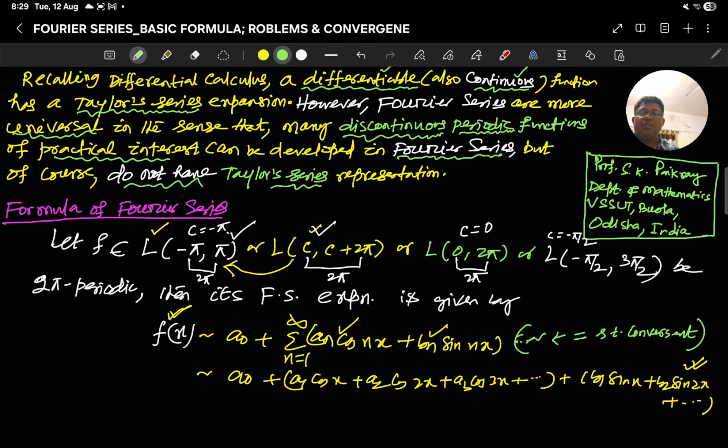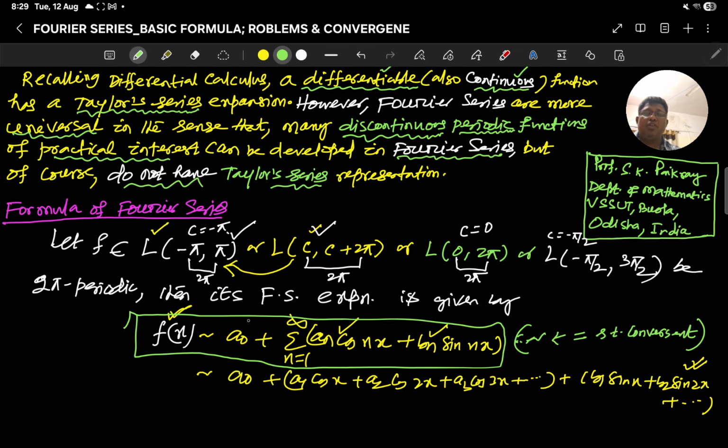So this is the Fourier series expansion of a 2π periodic function. Here you see a0, an and bn. We need to determine these. These are called the Fourier coefficients, where a0, an and bn are Fourier coefficients.